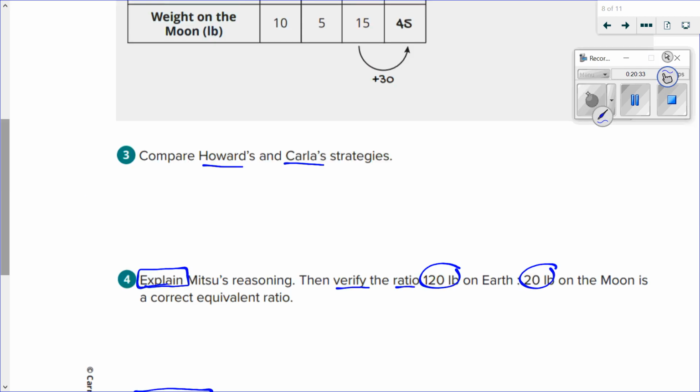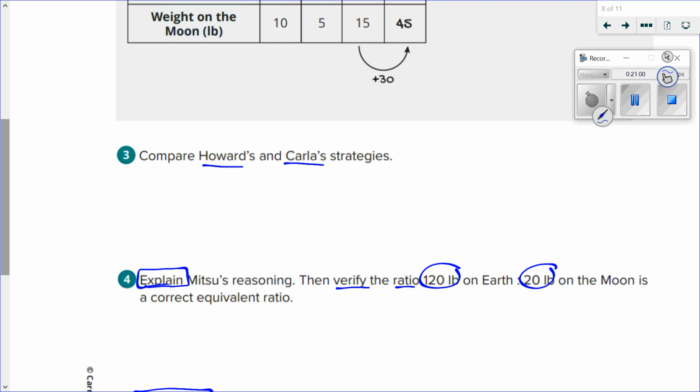All right, so compare Howard's and Carla's strategies. What did Howard and Carla do? Yes. You first. So Carla used a number pattern and basically just skip counted by 5s to the bottom and 3s to the top. Okay, so it's not a number pattern, it's a double number line.